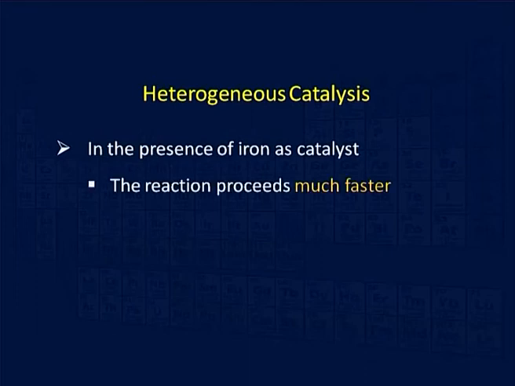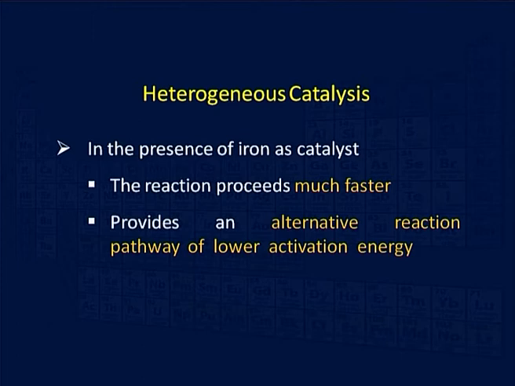In the presence of an iron catalyst, the reaction proceeds much faster, as it provides an alternative reaction pathway of lower activation energy. Here iron is a solid, while the reactants, hydrogen and nitrogen, as well as the product ammonia, are gaseous molecules.